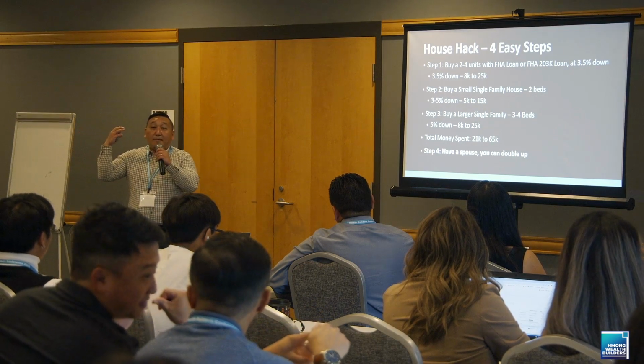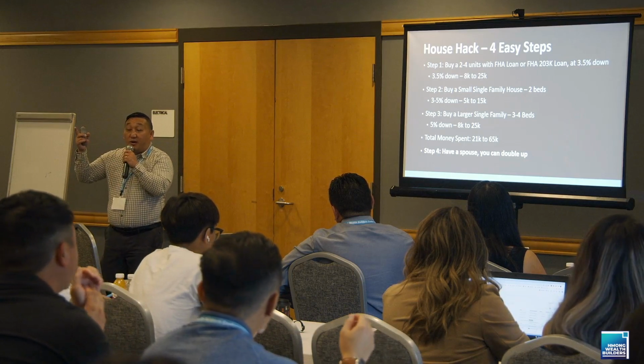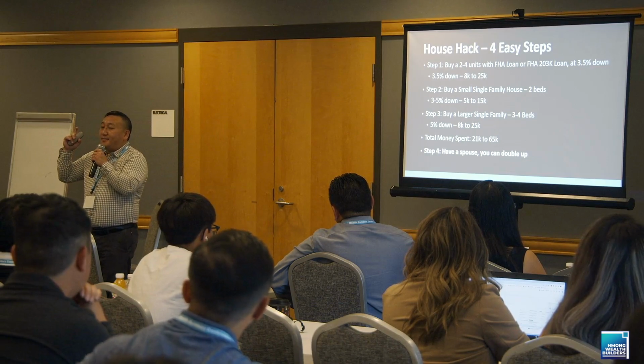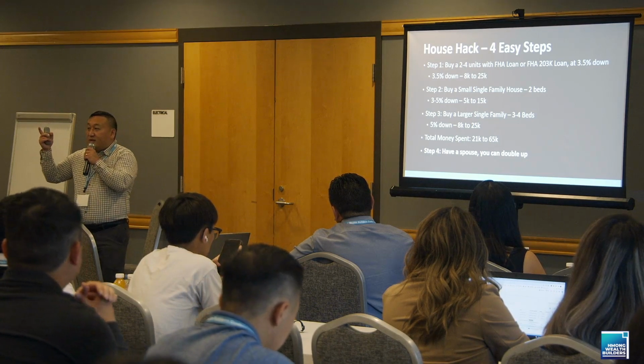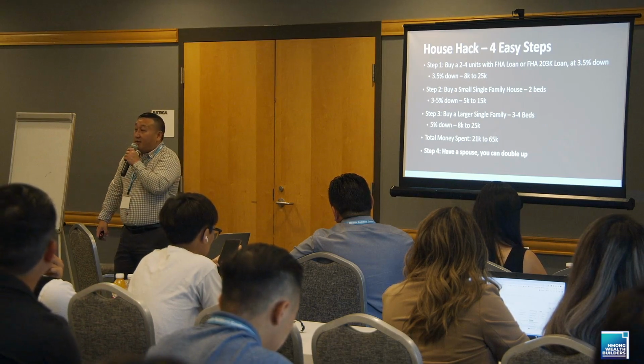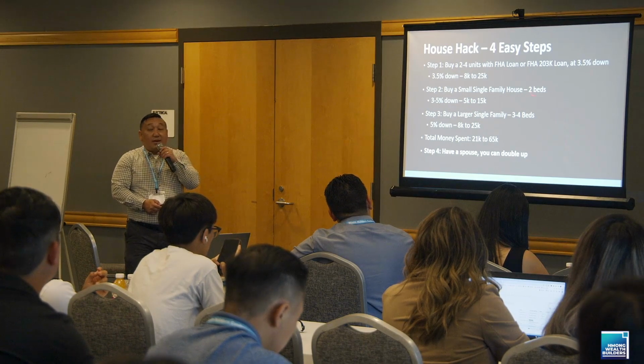So you go to any banks or any lenders. He's one of our sponsors, right? So he could do that loan for you and just ask him, I want to do the FHA program. And all you need is 3.5% down.